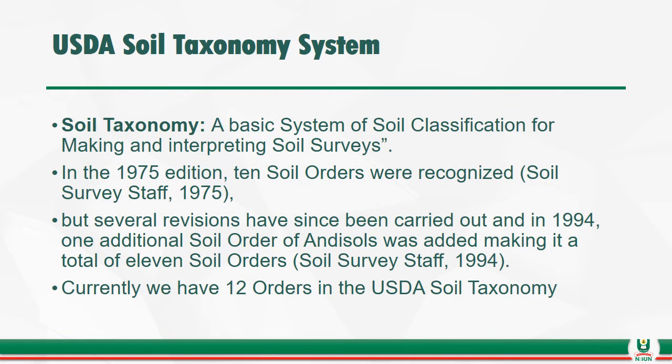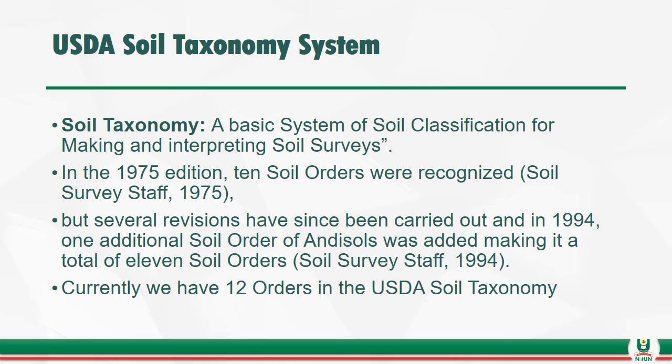USDA soil taxonomy is a basic system of soil classification for making and interpreting soil surveys. Of course, USDA soil taxonomy is the most generally acceptable soil classification system across the world. Canada has its own, Brazil has its own, Russia has a classification system, even Africa has.